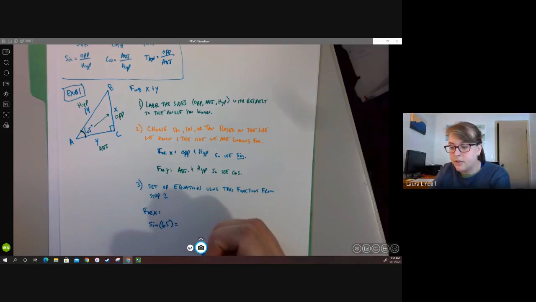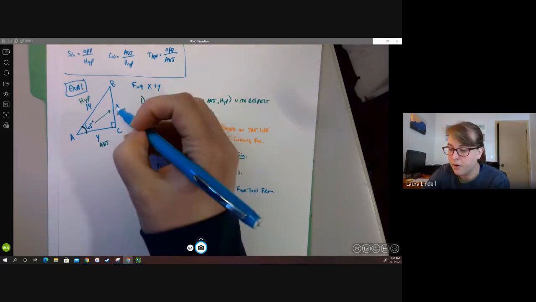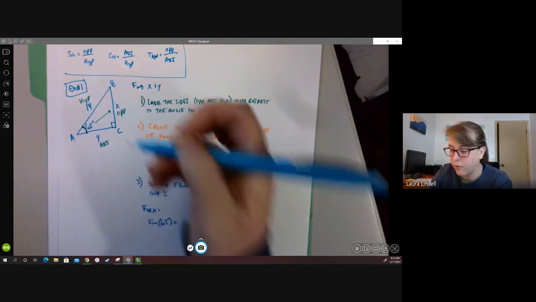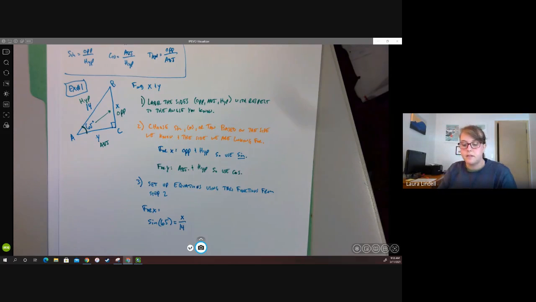And then equals, and then we know that sine is equal to opposite over hypotenuse. So opposite over hypotenuse would be x over 14.